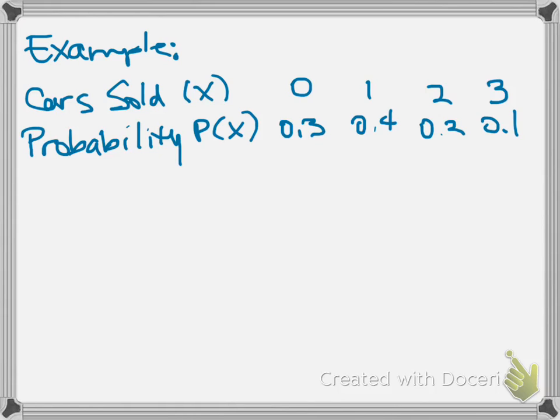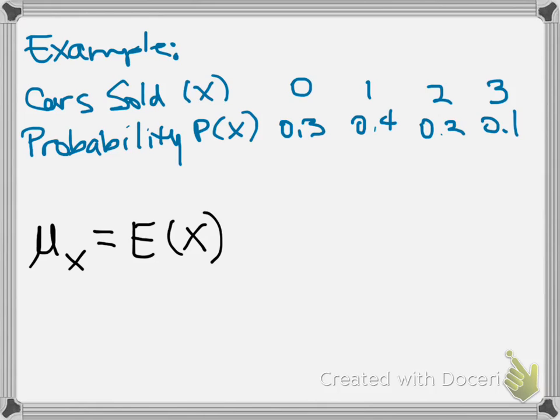So that means we can go ahead and start calculating the mean number of cars that our dealership can expect to sell. I already mentioned that one way that we can notate this is to use mu of x to represent our mean. Another way that we might see this notated is you might see capital E of x.